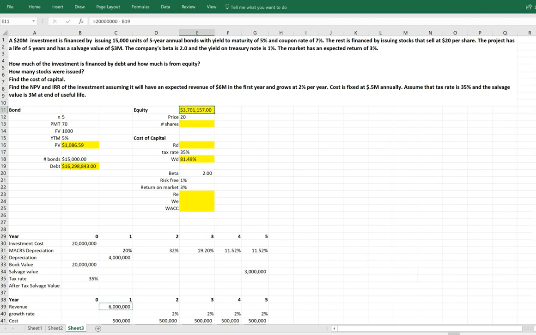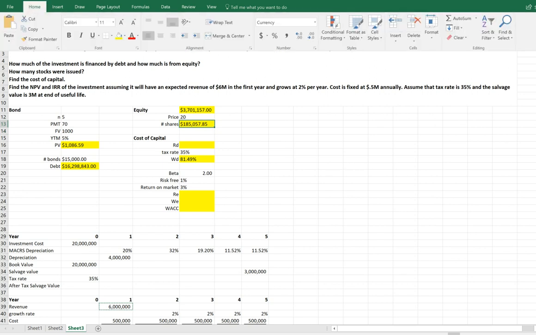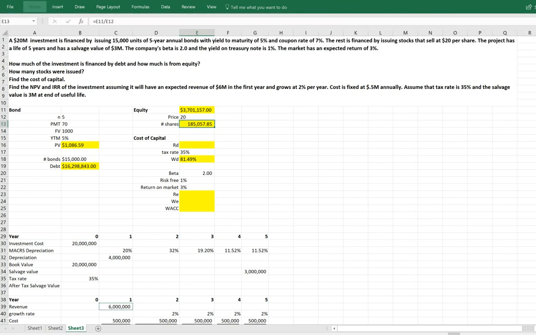That means they have to source 3.7 million in equity. Since the stock sells at $20 per share, the number of shares would be 3.7 million divided by 20, which is 185,000 shares. Now let's get the cost of capital.